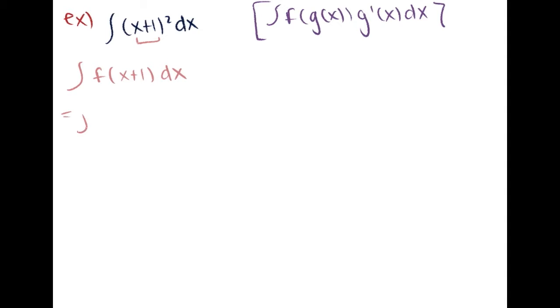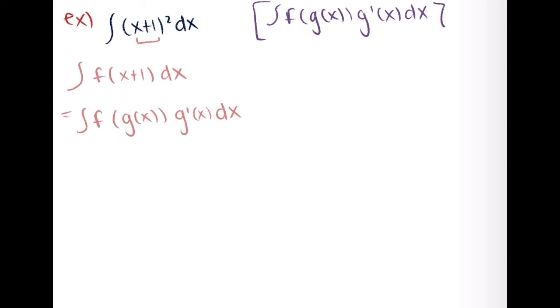Furthermore, we can say that x plus 1 is our g of x. And so what's the derivative of x plus 1? It's just 1. So g prime of x is just 1. So it doesn't matter. It's not going to change our integral. We can multiply it by g prime of x. So now we have it in that form.